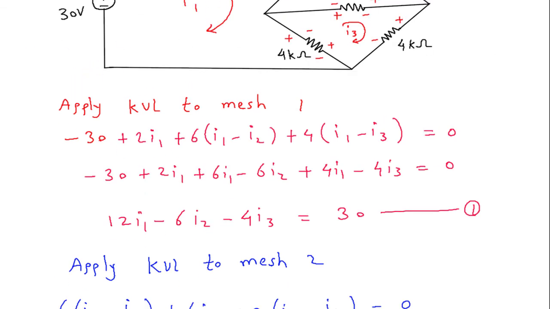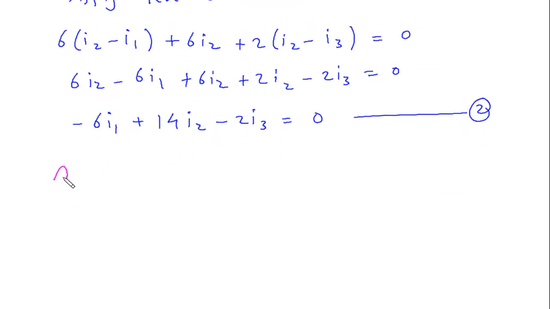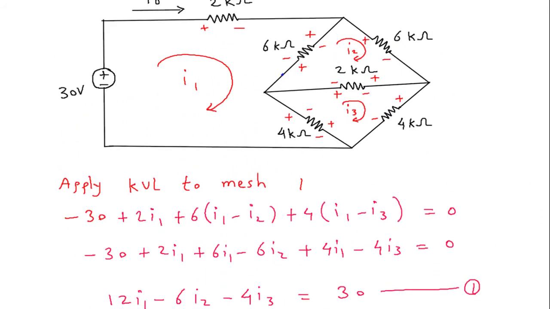Now we will apply KVL to mesh number 3. Let's say we will start from here.